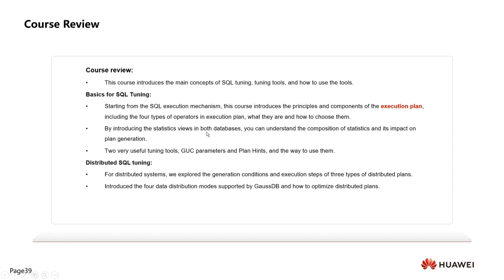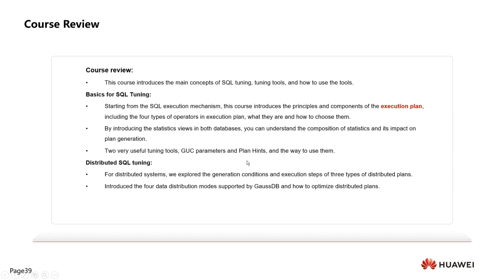By introducing the statistics views in both databases, you can understand the composition of statistics and its impact on plan generation. We have learned 2 very useful tuning tools, GUC parameters and plan hints, and also the way to use them.